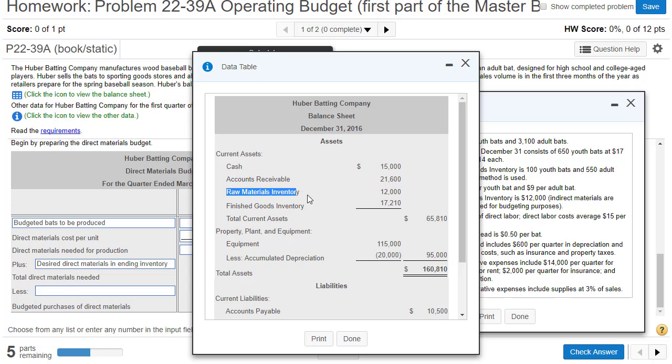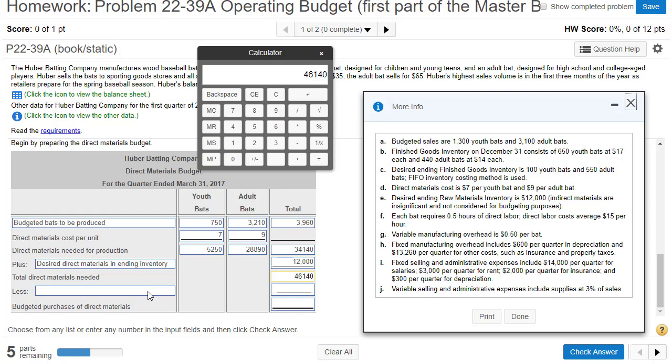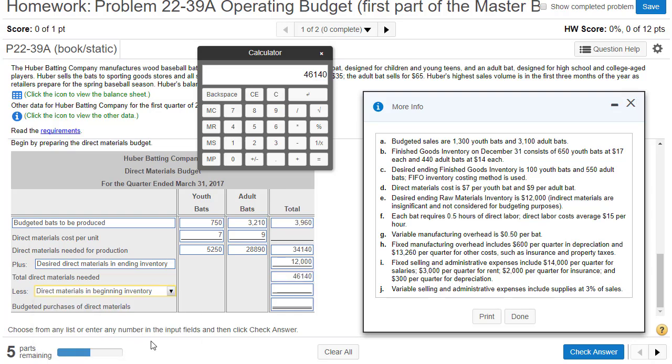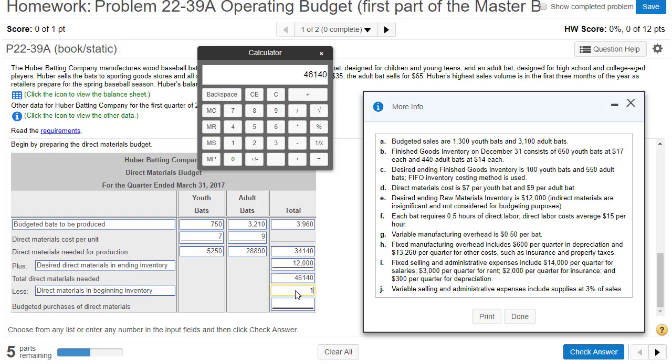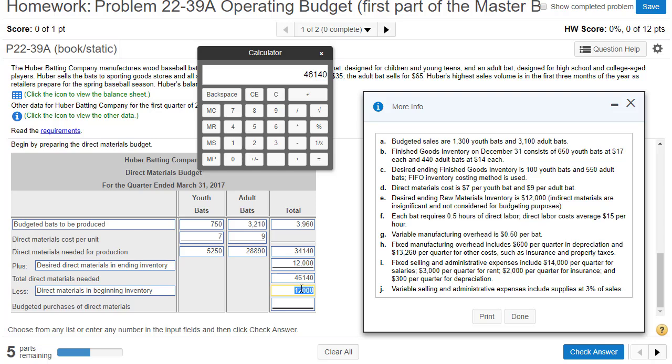At the ending of the previous quarter, we had $12,000 of raw materials in the raw materials inventory account. That means our beginning inventory is $12,000. So we have to subtract our beginning direct materials inventory. Why? Because we already have some, so we don't need to buy $46,140 of direct materials if we have already got $12,000 on hand.